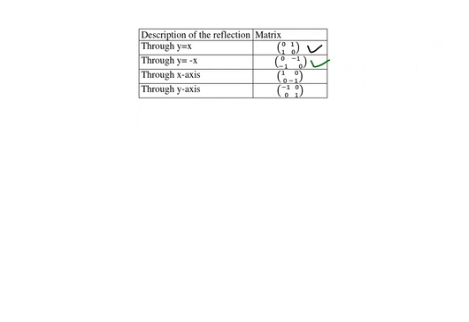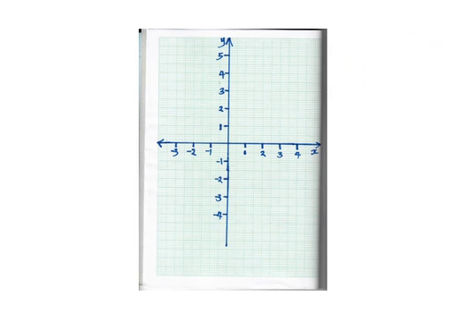We go to the mirror line as the x-axis. So the x-axis is our mirror line, and we have the points A, B, this is C, this one is D.